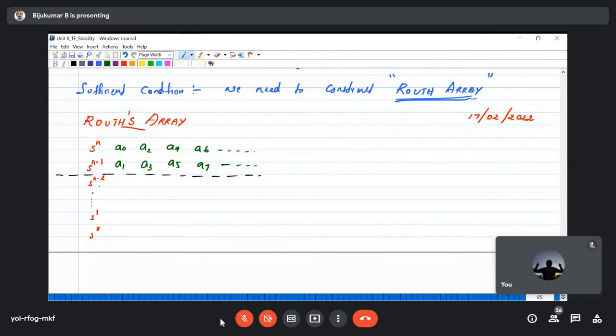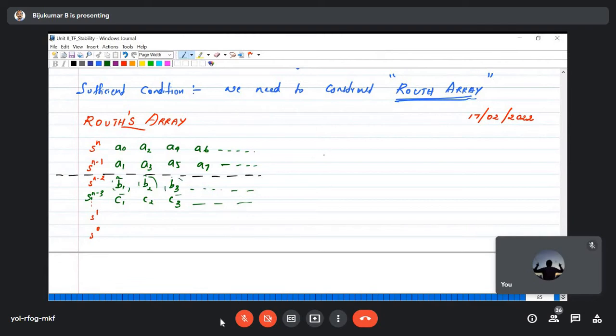Now here the values are b1, b2, b3, and here one more row, s^(n-3), with c1, c2, c3, likewise. So how to find this b1, b2, b3? We need to find b1, b2, b3, right?